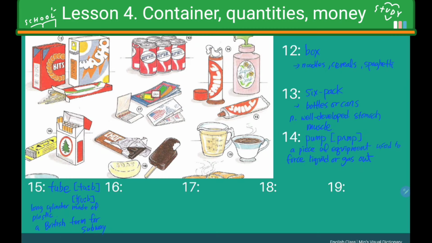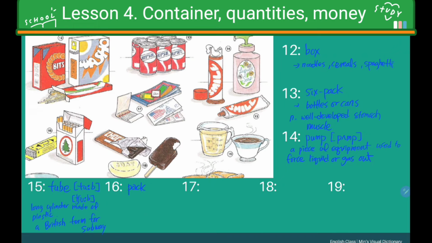And number 16, we have chewing gum and cigarette pack. Pack. And the pronunciation is like that, pack. So it's a relatively small paper or cardboard container.